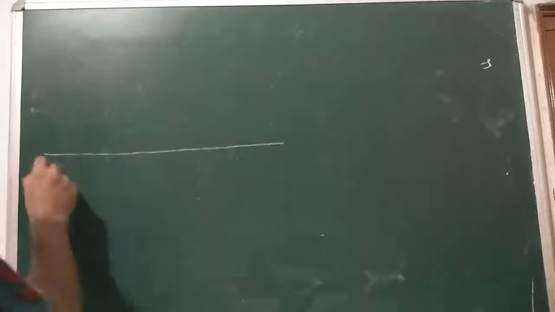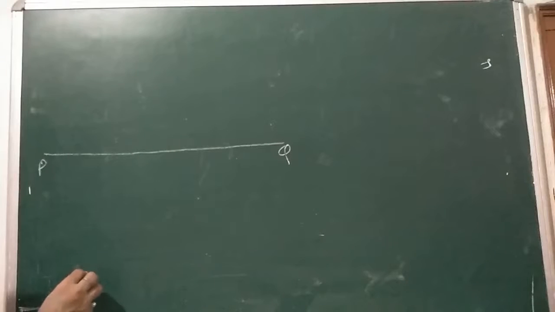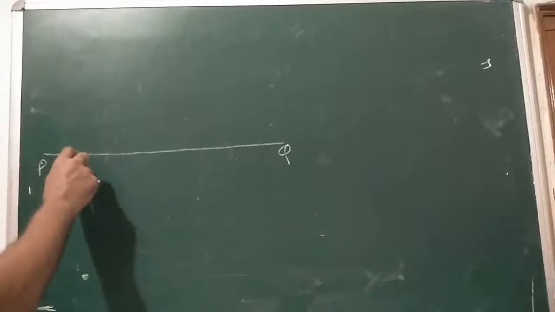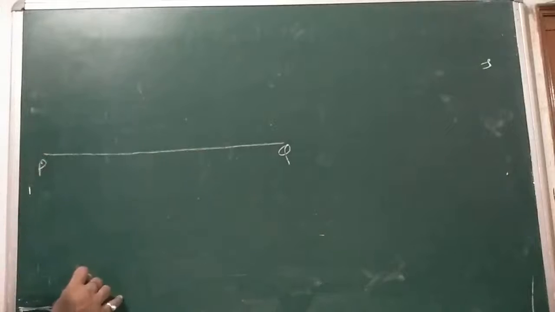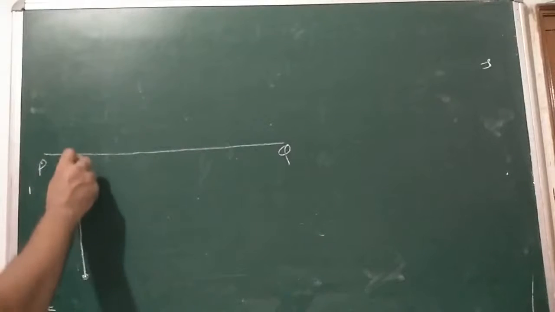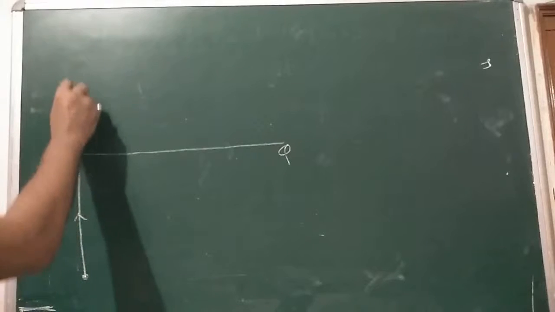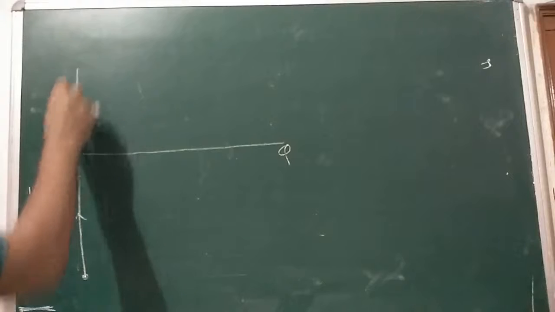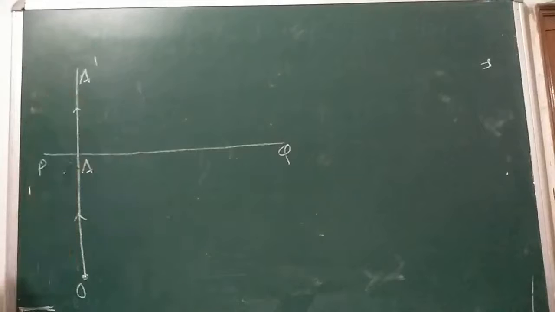Suppose that this is the interface of water tank. Here is the object. Suppose O is the actual depth below the free surface of water PQ. This is the free surface of water. Suppose a ray comes straight first, OA. It will go along AA dash. A ray normally OA passes straight.